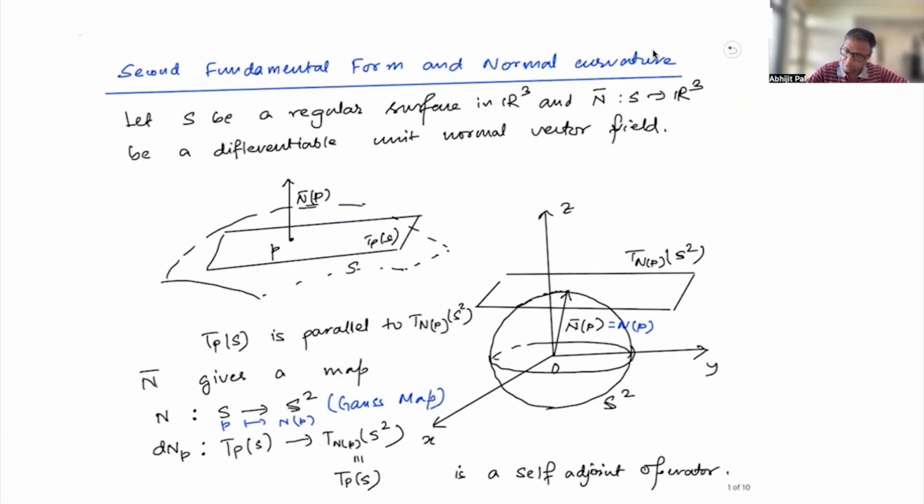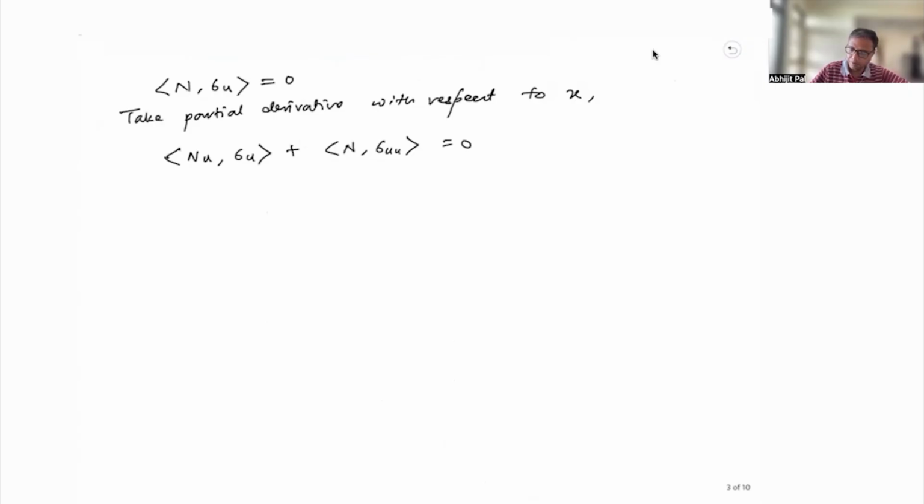Here I have to assume this S to be a regular smooth surface. So this implies that the inner product of N_u with sigma_u is equal to minus N comma sigma_uu.